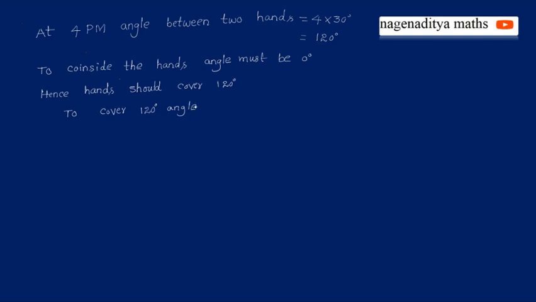We just divide 120 by 5 1/2. So 120 by 5 1/2 is equal to 120 by 11/2, which is equal to 120 into 2 by 11, that is equal to 240 by 11.